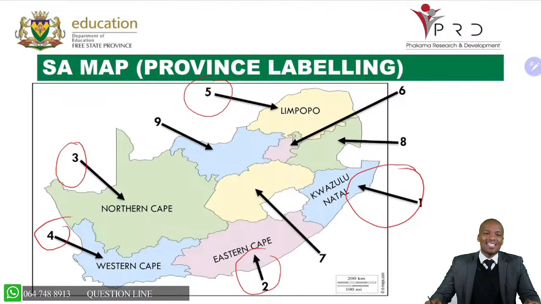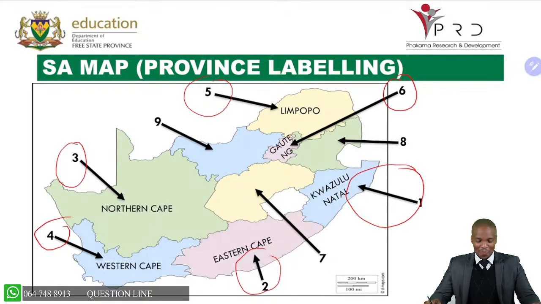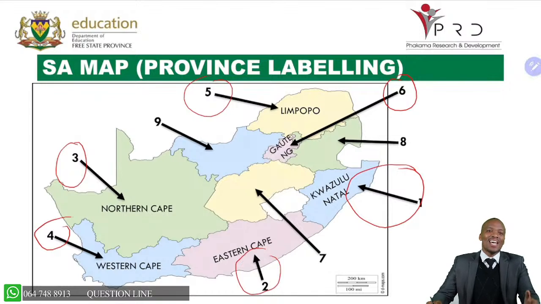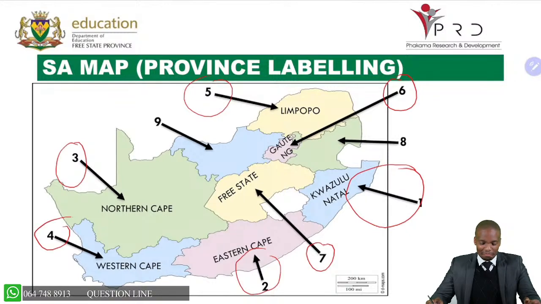And then number 6, we'll say obvious. Okay. Number 6 is the smallest but the biggest province, which is Gauteng. In terms of population, we know that it's the biggest. And then number 7, it is the center province, which is the Free State. Okay.